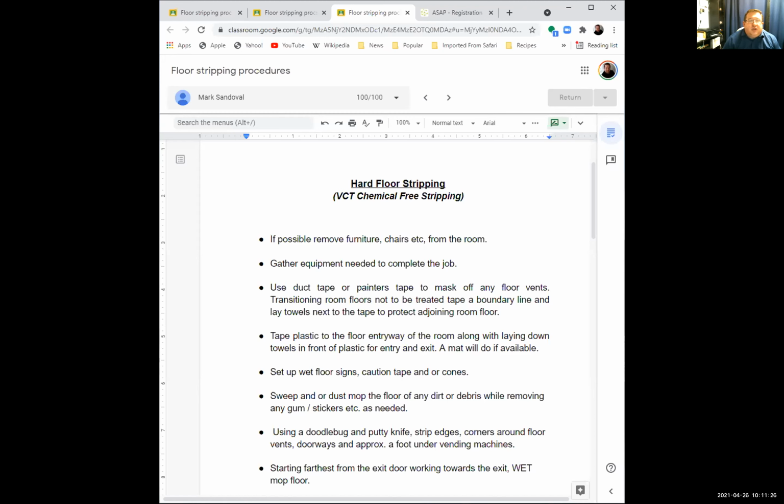Same thing is true, and here's another example. Electricity goes out. In a small area, you might be able to do it with a Doodlebug and do it all manually. But if you're doing a large area, for example, I could do that lounge room without electricity, using mop buckets and so forth, and scrub and recoat it. But again, I couldn't do a large area.